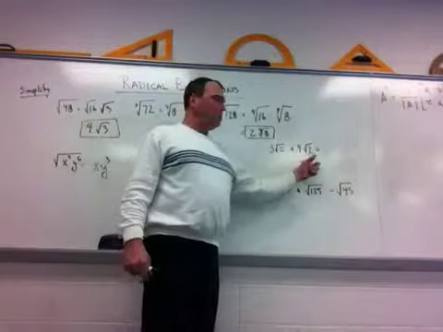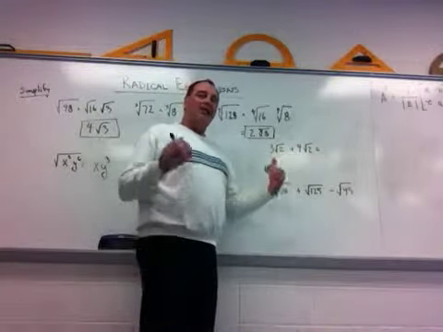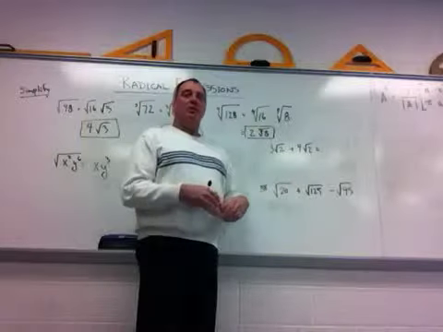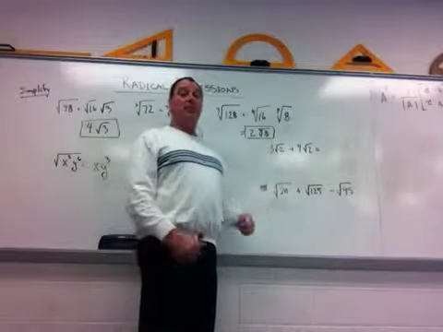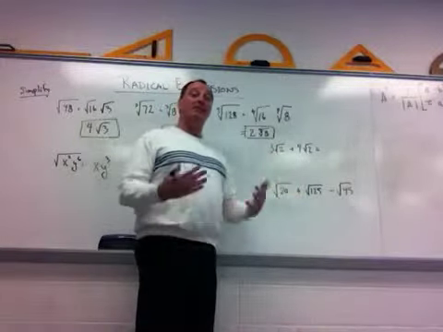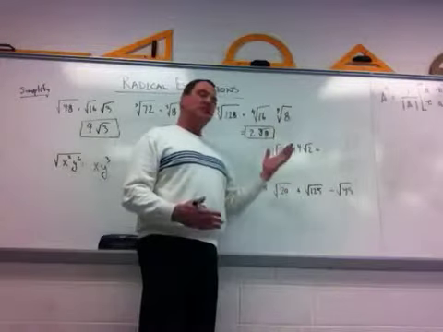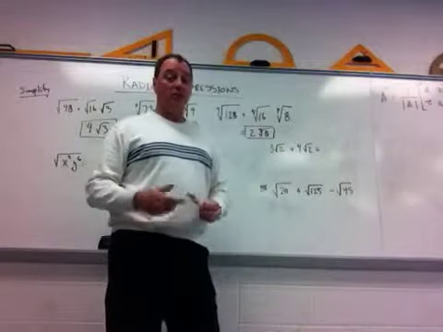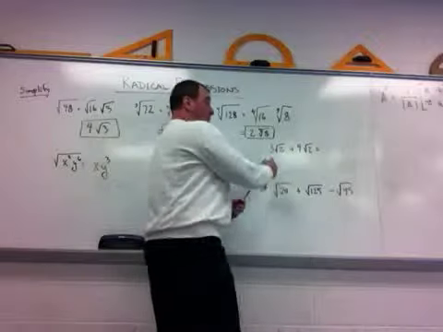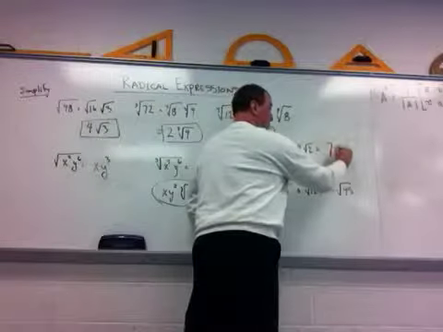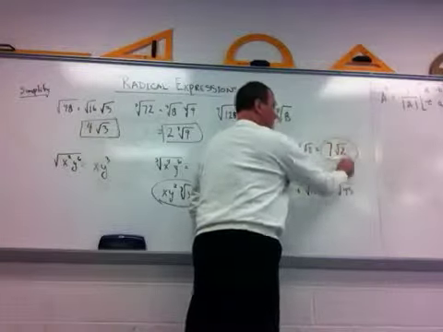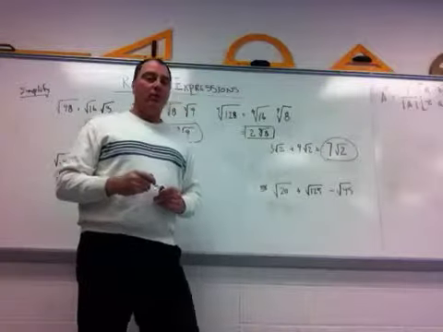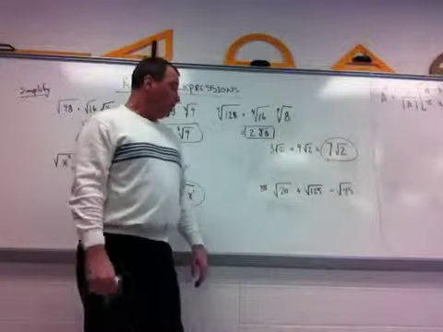Because these are both square roots of 2, I can treat them as like terms. Like if I have 3 of something plus 4 of something, I would have 7 of that something. And in this situation, my somethings are square roots of 2. And so my answer for this would be 7 square roots of 2. So you add them just like they were any other like variable.